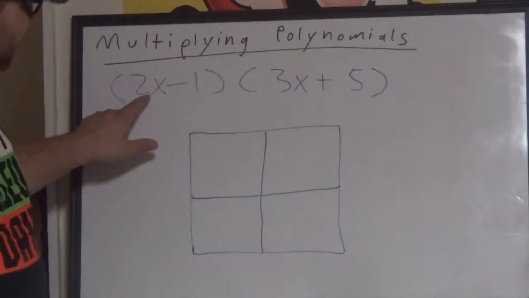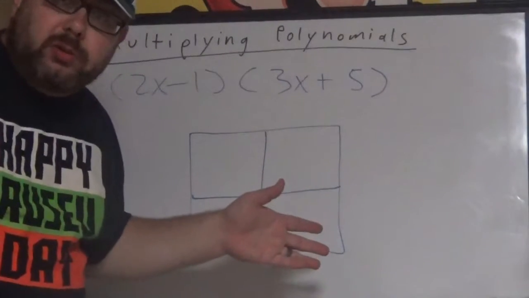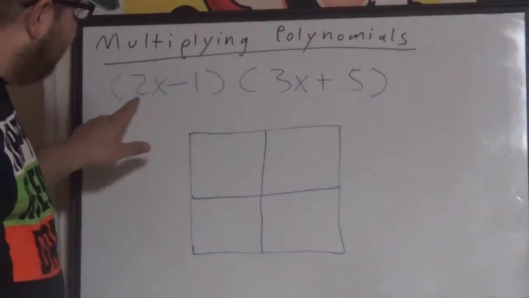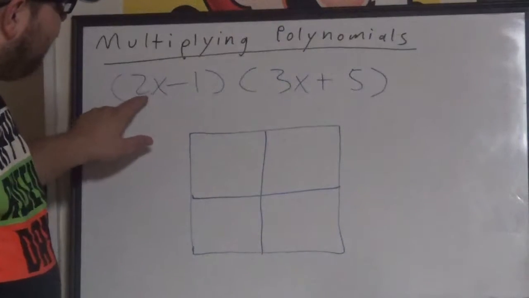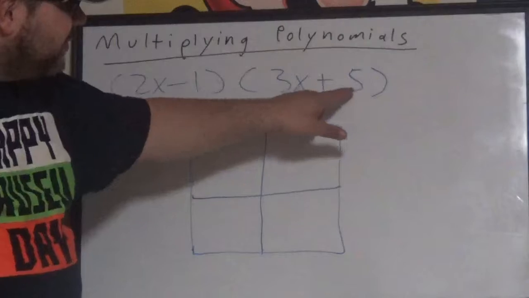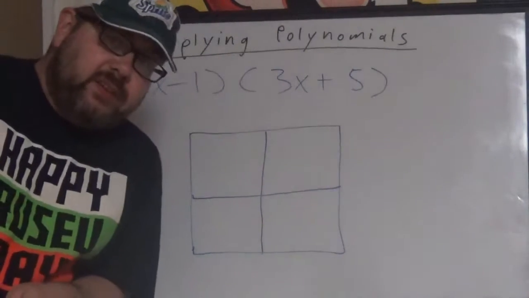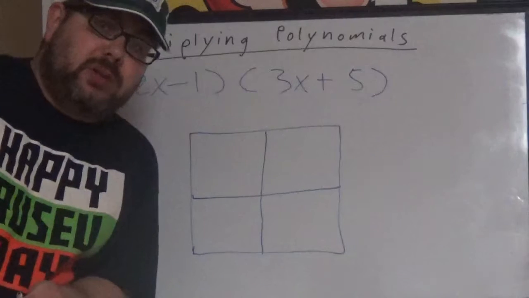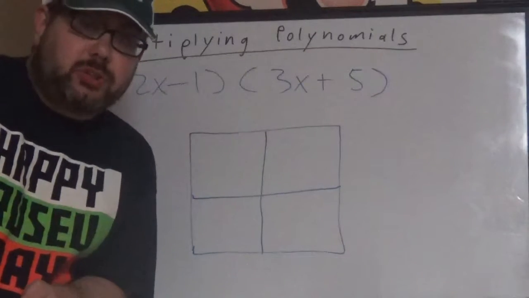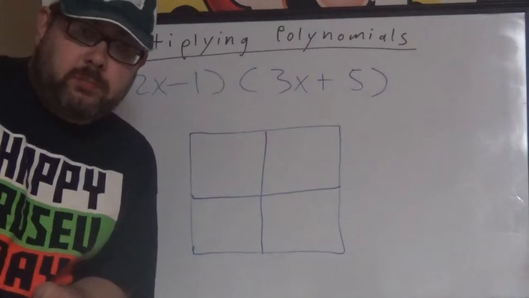I have here an expression which can look confusing to students at times. 2x, the quantity of 2x minus 1 times the quantity of 3x plus 5. In doing this, what we're really going to do is to use the distributive property, but use it multiple times.